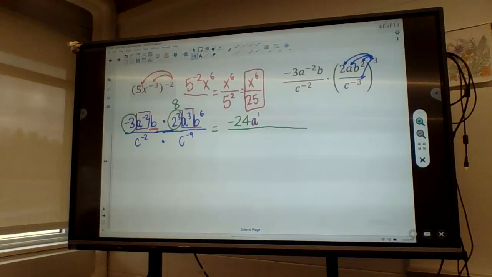So I have b and b to the 6th. Like a b to the first and a b to the 6th, so b to the 7th. I just added those. And then on the bottom, I'm just going to put those together. I could move them right now, but I'm going to leave them where they are. Negative 2 and negative 9 is negative 11.